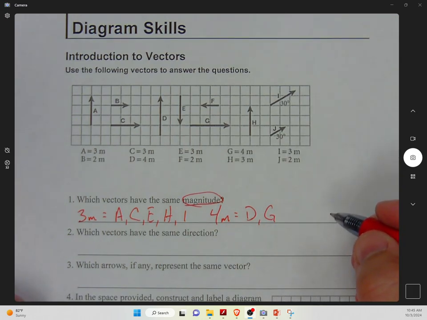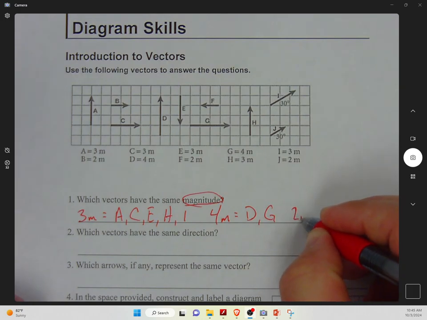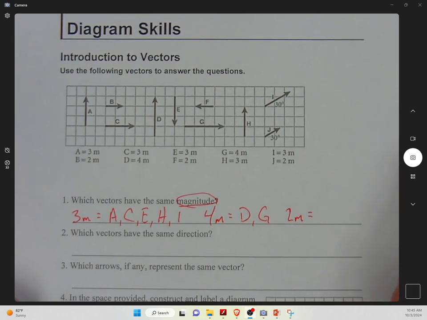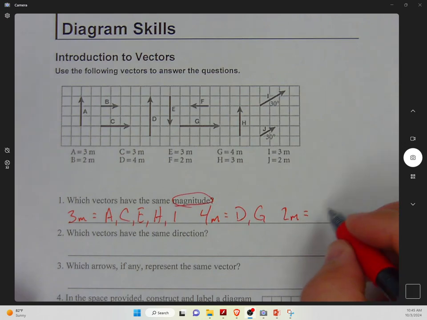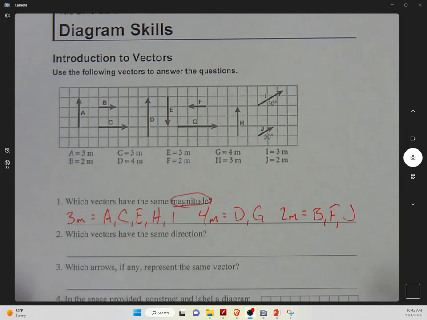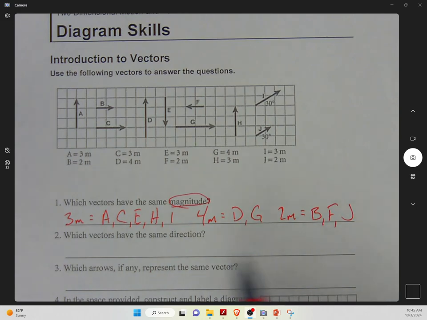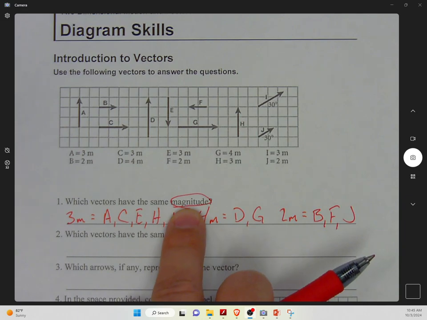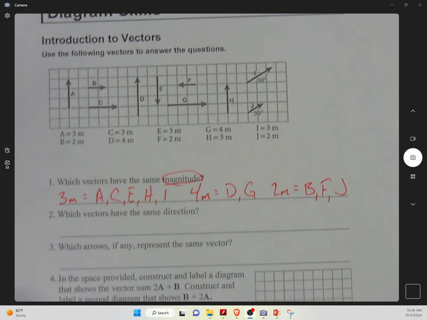And then I need to represent my 2 meters. 2 meters. And so that would be E. Cool beans. Right? Now again, all these arrows are going all different directions, but I don't care for this particular question because I'm only being asked about the magnitude.